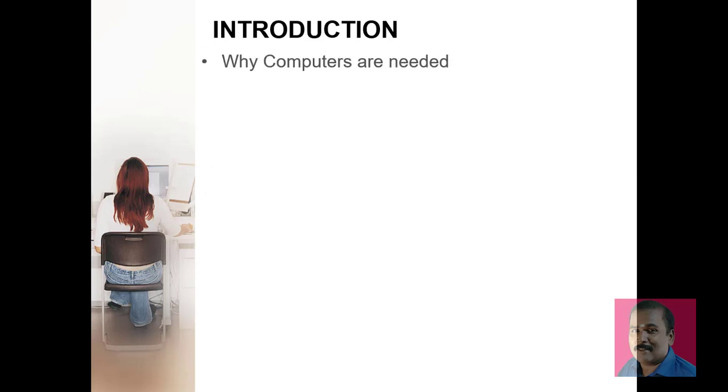Okay, so next, an important question: why are computers needed? Before computers, most of the work was carried out by humans. Most of the processes in any field, even in all fields, were carried out as human processes.